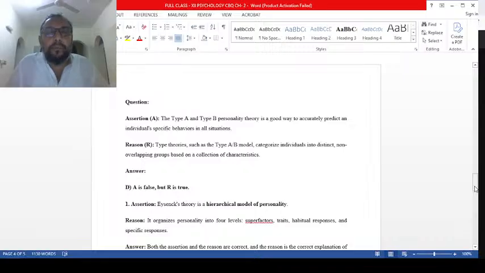Whereas Type B is the absence of Type A traits. Relaxed, cool, calm. That is the mindset here. So the assertion is false here and the reason is true. And this theory was extended to Type C and Type D. As you are aware, Morris extended the theory to Type C and Type D. C for cancer, D for depression.